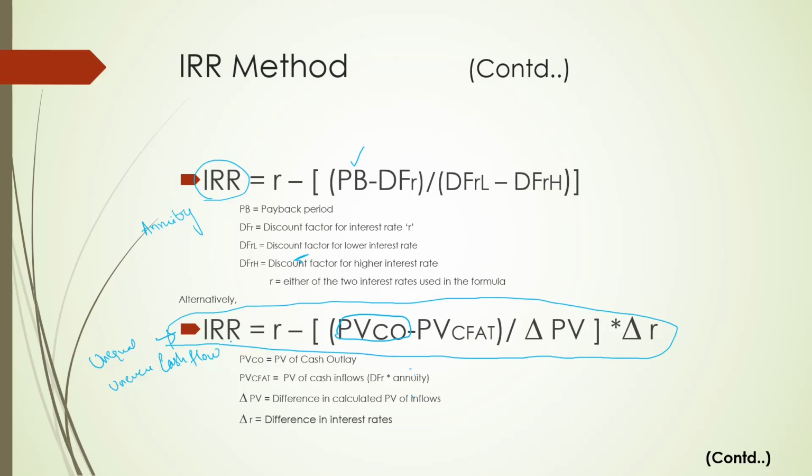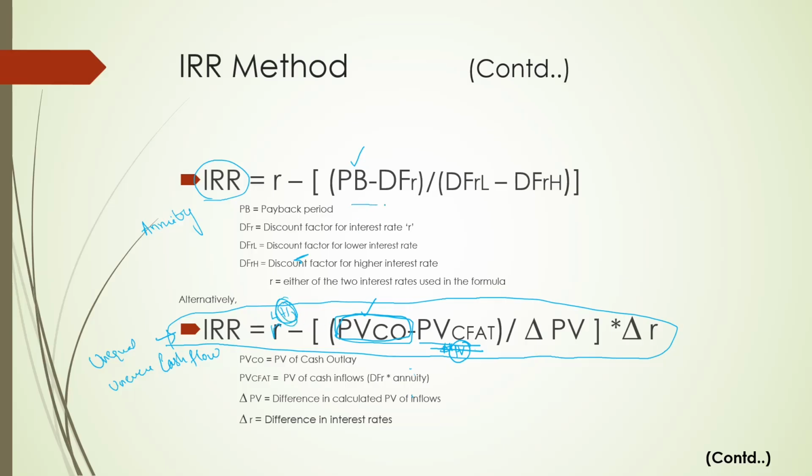So what is the formula? IRR is equal to R minus present value of cash outflow. This is the same for every interest rate. But if you come to PVCFAT, if you take R as the lowest rate, then PVCFAT, that is NPV, whatever present value you get at R will be your PVCFAT. If you consider R as the highest rate, then your PVCFAT will be the present value at the highest rate, right?